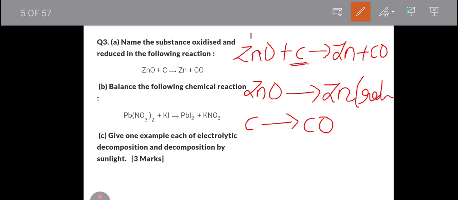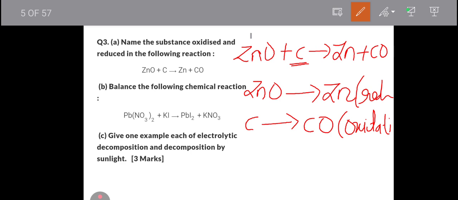So in the second case, you can see carbon has changed to carbon monoxide. How has it changed? It has gained an oxygen, right? That is, gaining of oxygen has taken place. So since the reaction involves gaining of oxygen, we can call it an oxidation reaction.